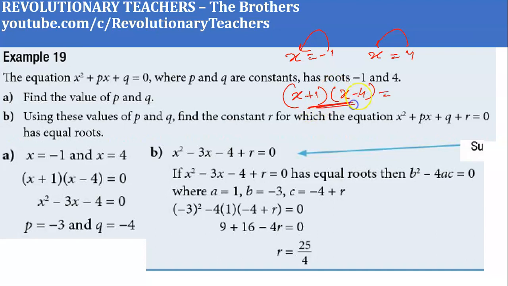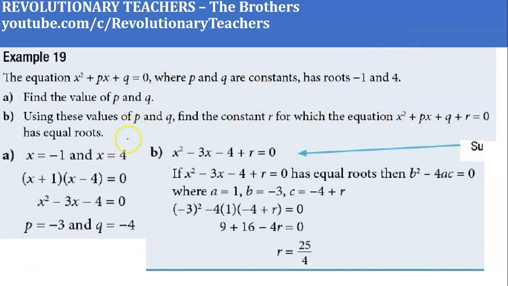Multiply them and expand them. You will have x square minus 3x minus 4. Now compare this with x square plus px plus q. Your p is minus 3 and q is minus 4.